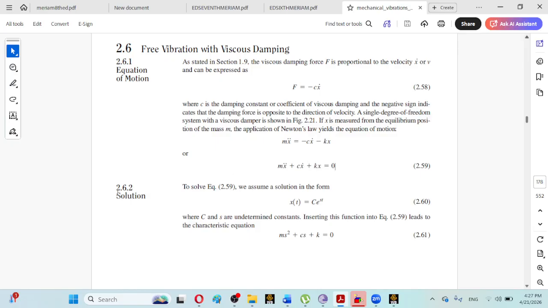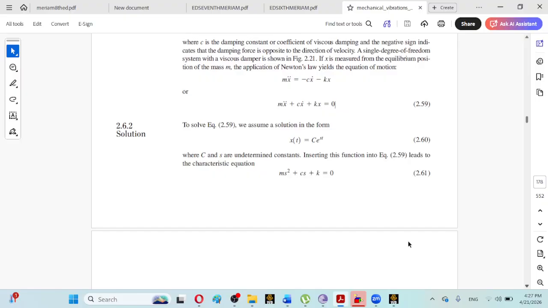So next comes the solution for this equation. This is the governing solution. We are familiar that the solution for a second order linear homogeneous differential equation, for undamped oscillations, was of the form x(t) equal to C e to the power s t, where C is an arbitrary constant and this is the exponential function.